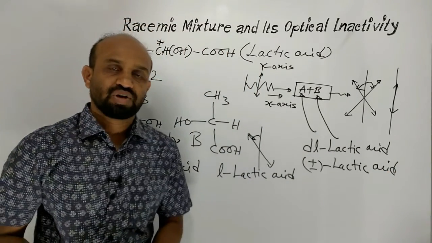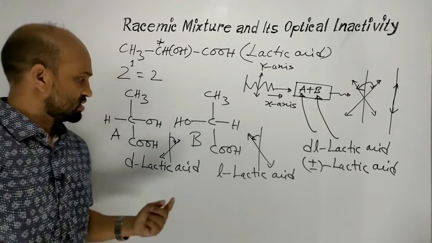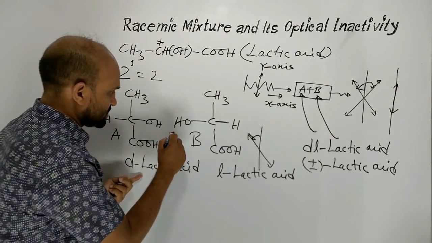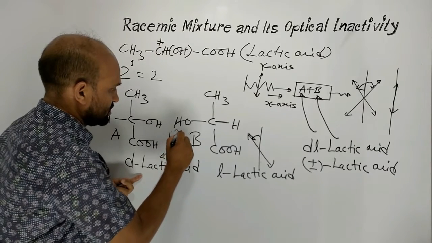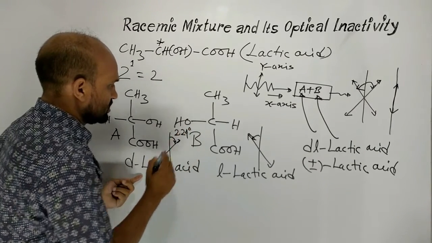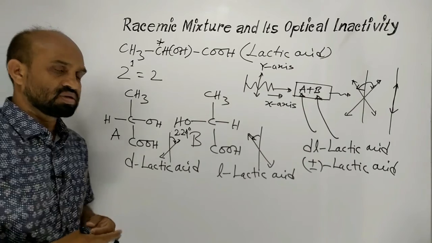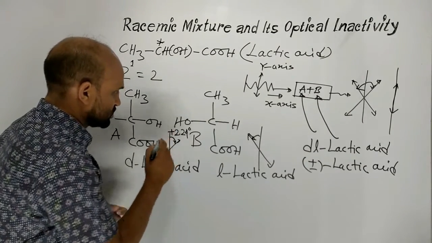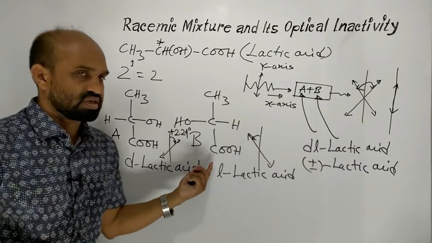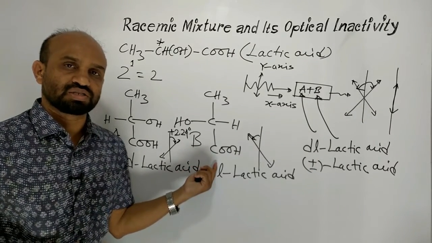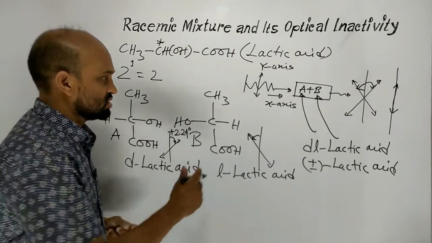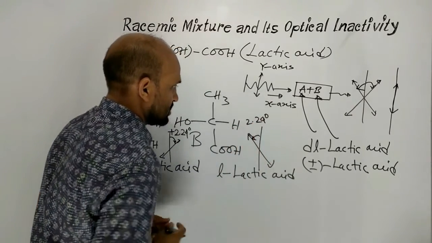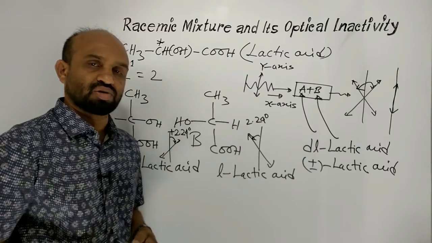At 25 degrees Celsius temperature, D-lactic acid rotates the plane of the polarized light 2.24 degree, which is clockwise direction. That is why plus is used here. But L-lactic acid rotates the plane of the polarized light also 2.24 degree, which is anti-clockwise direction.